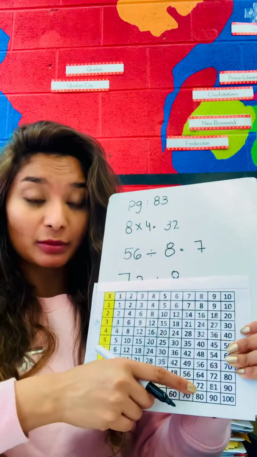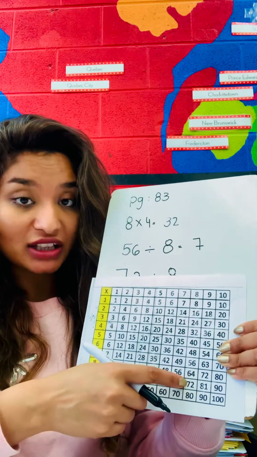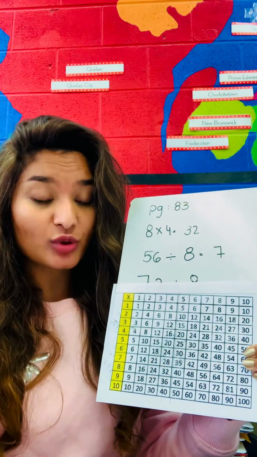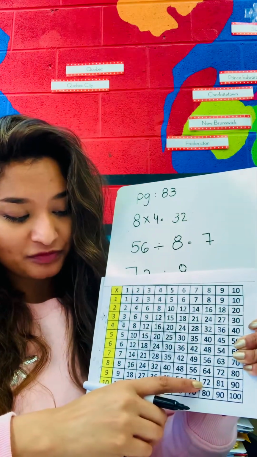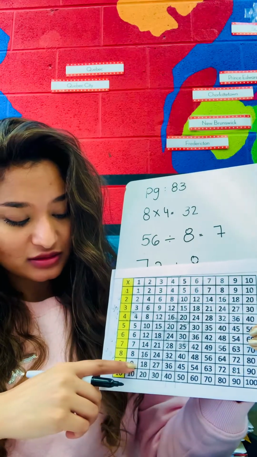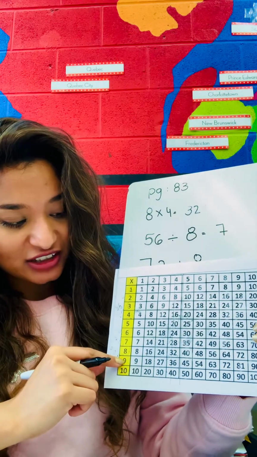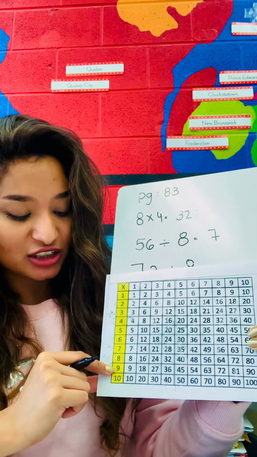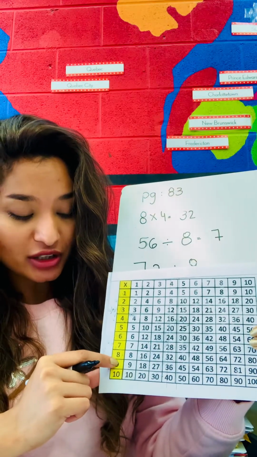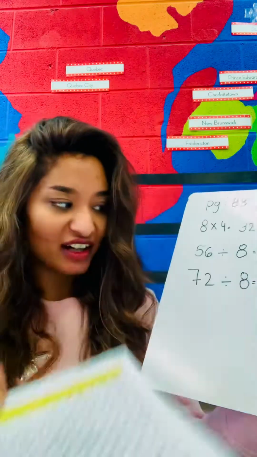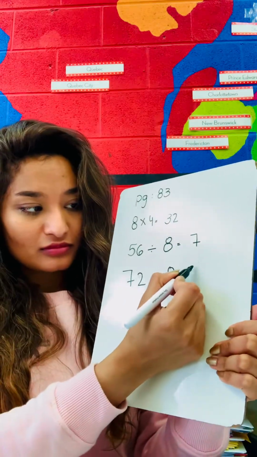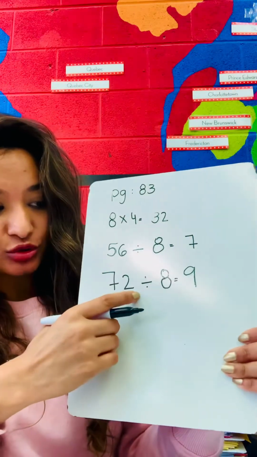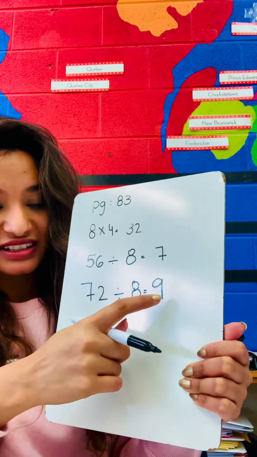There is a multiple. 72 is a multiple of the 8 times table. Then I ask myself, how many 8s do I need to make 72? So I go across, and I know that I need 9 eights to make 72. So what's my answer? This whole number 9. That's my answer, because 72 divided by 8 equals 9.